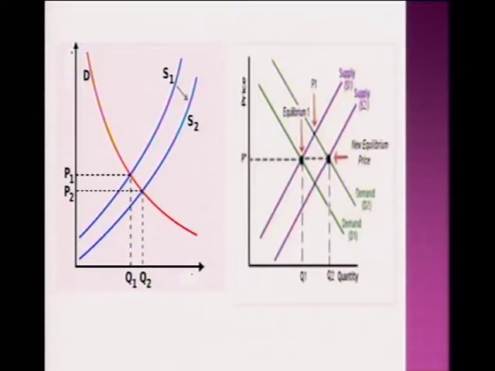Initially, we have D1, S1, equilibrium point 1. That is the initial position of demand and supply in a market. What happens if we have an increase in demand from D1 to D2, and an increase in supply from S1 to S2? We can see that it affects quantity. There's an increase in quantity from Q1 to Q2.